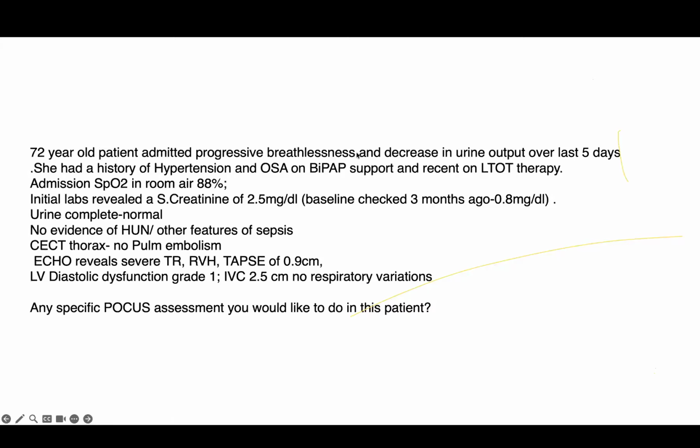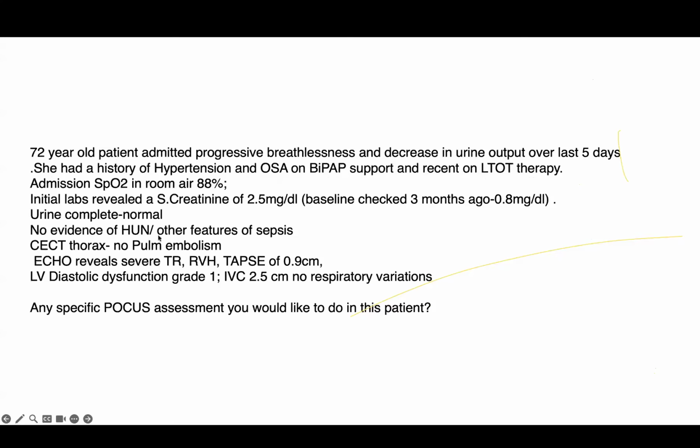A 72-year-old patient was admitted with progressive breathlessness and decreased urine output over the last 5 days. She had a history of hypertension, OSA on BiPAP support, and recently on LTOT therapy. Admission SpO2 on room air was 88%. Initial labs revealed a creatinine of 2.5; baseline 3 months ago was 0.8. Urine complete was normal.